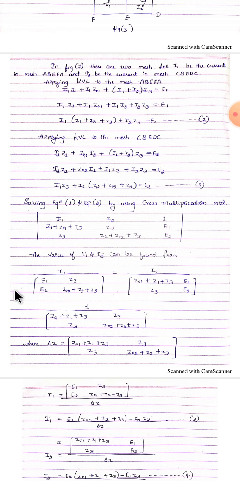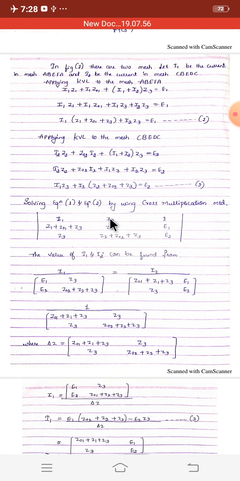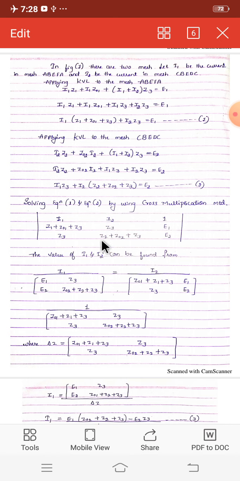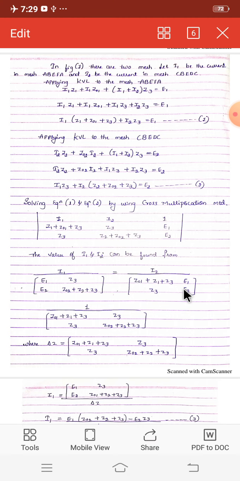Next E1, E2, that is equal to I2, so leave this column and this row, and the remaining terms are Z1 plus Z01 plus Z3, E1, E2.